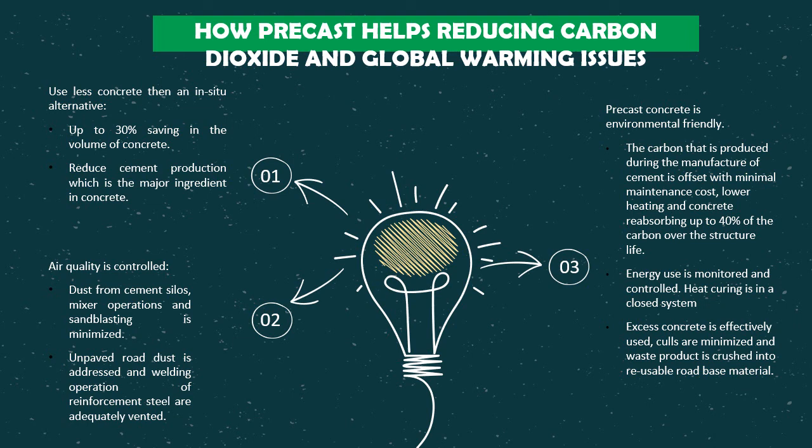The carbon that is produced during the manufacture of cement is offset with minimal maintenance costs, lower heating, and concrete reabsorbing up to 40% of the carbon over the structure's life. Energy use is being monitored and controlled. Heat curing is in a closed system also. Excess concrete is effectively used, costs are minimized, and waste product is crushed into reusable road-base materials.